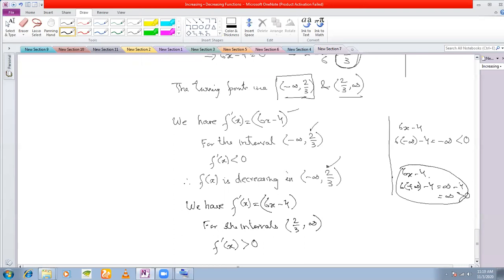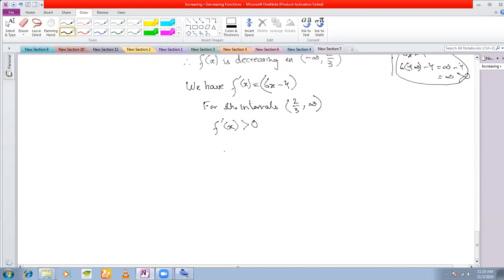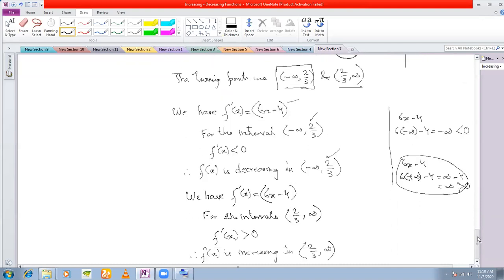So in this case, we are getting f dash x greater than 0. Therefore, f x is increasing in the interval 2/3 to infinity.